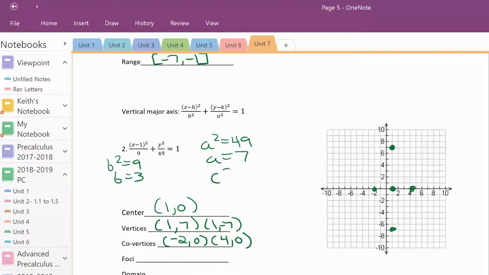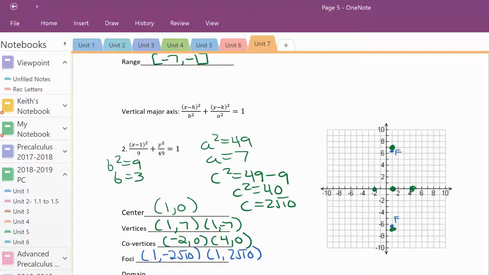The foci: c squared is equal to a squared minus b squared. C squared is equal to 40, so c is equal to 2 root 10. So remember, that's going to be between 6 and 7. So when I plot it, it's going to go like there and there. But when I write it, I go (1, -2 root 10) and (1, 2 root 10).